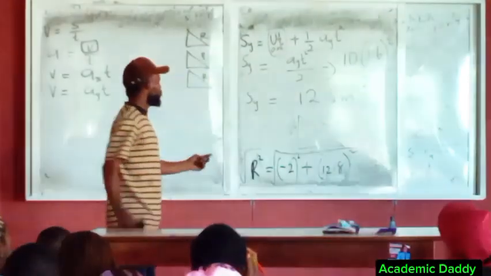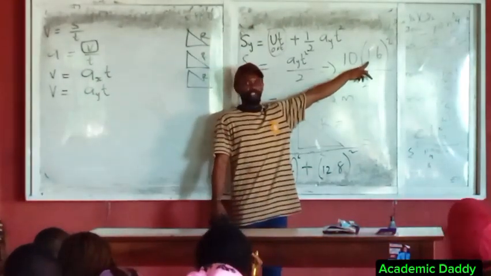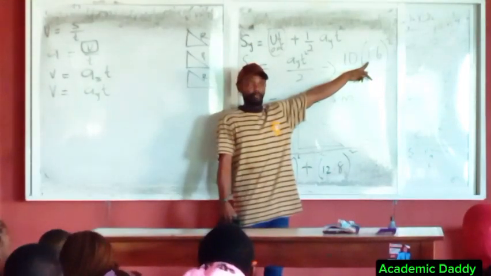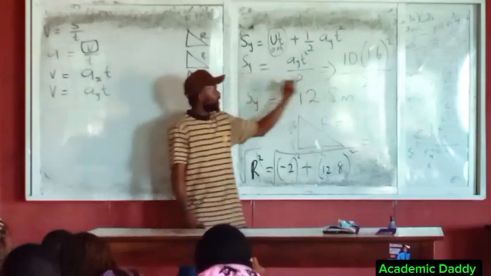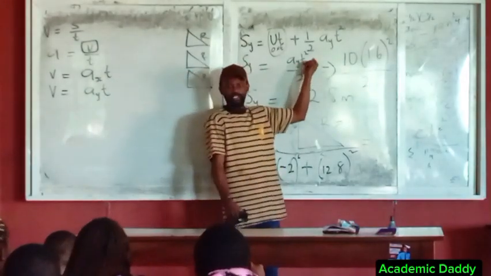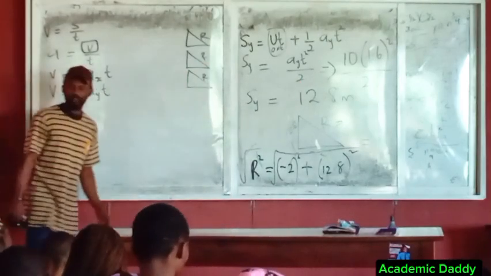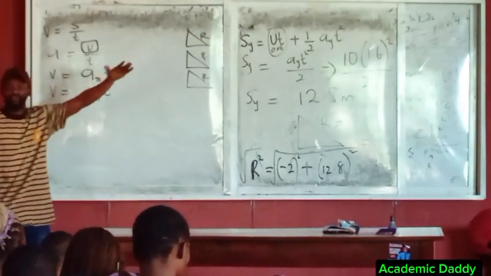Notice that to get this displacement, I already used this time. Is it not true? I already used this time of 1.6. To get this displacement on the y axis, I used one half a1 times t squared, divided by 2. But remember that when I got my acceleration, I simply did that particular force over the mass.